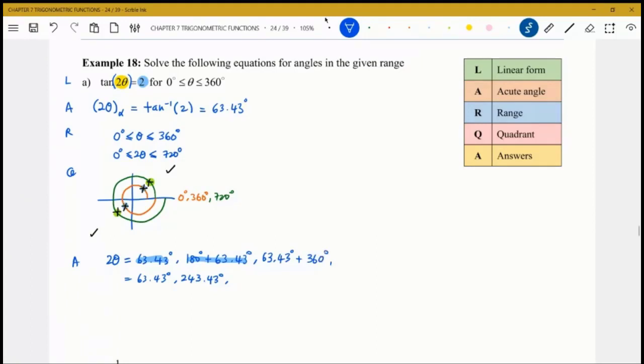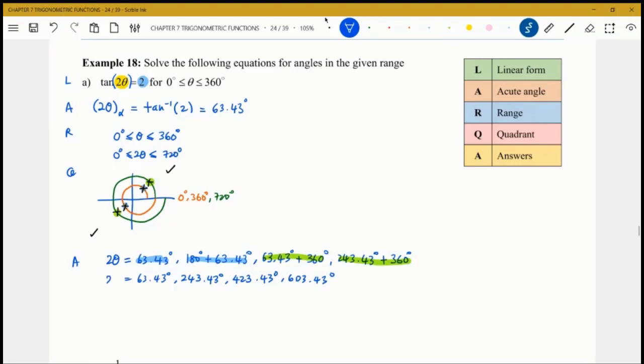Okay, and then yang ini pun perlu tambah dengan 360. So nilai di sini adalah 243.43 degree tambah dengan 360. So kita akan dapat yang the green one. Okay, so total 63.43 tambah dengan 360 adalah 423.43 degree. And then the last one adalah 603.43.